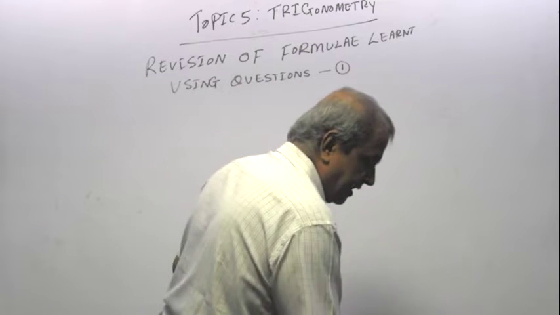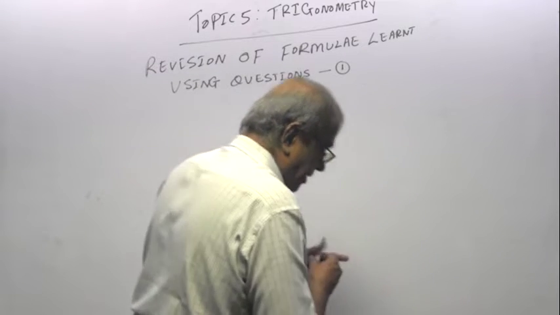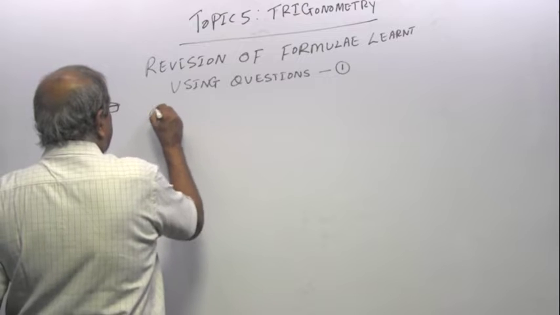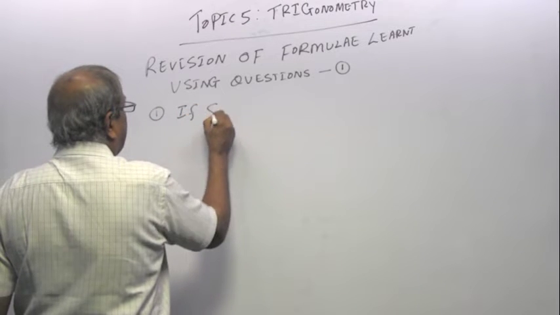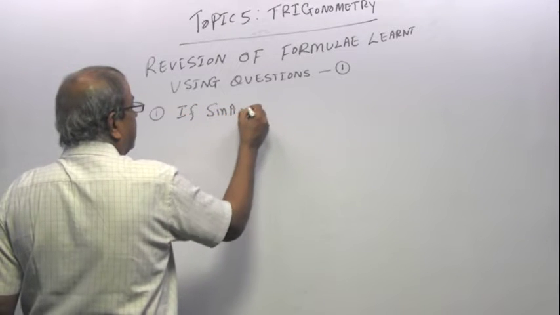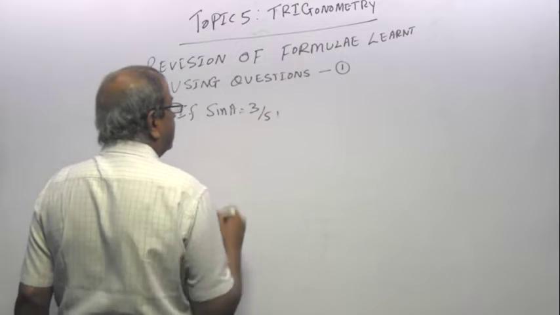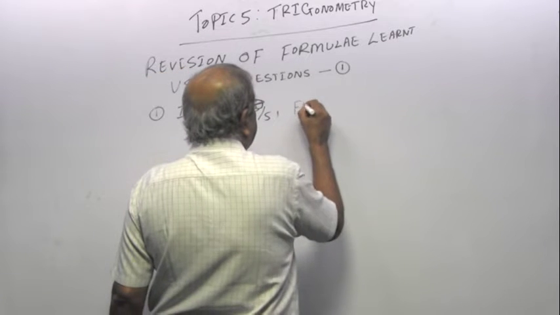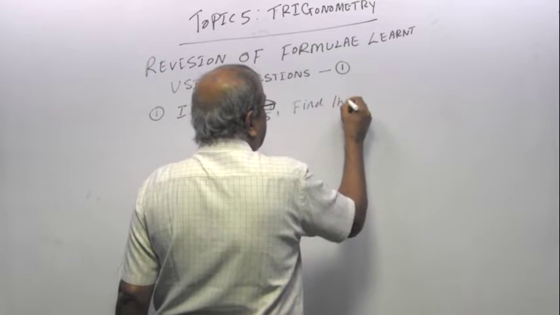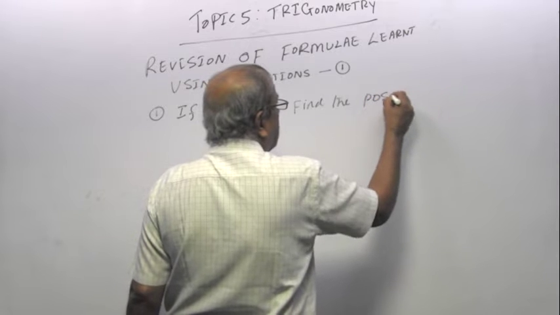Let's look at the first of the questions which I have made. If sine A equals 3/5, find the possible values.